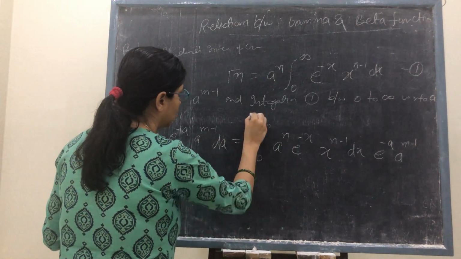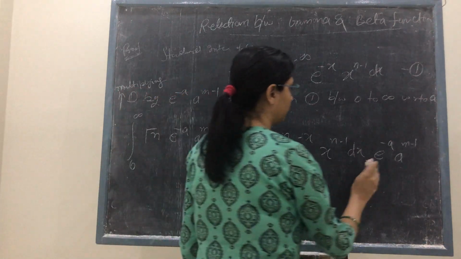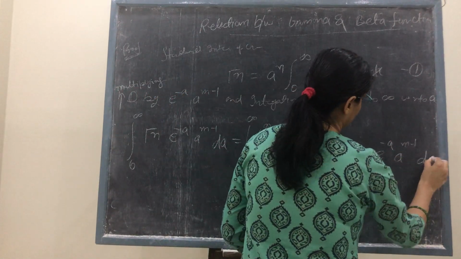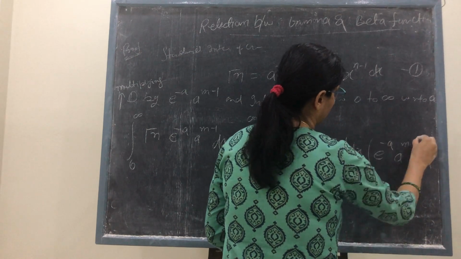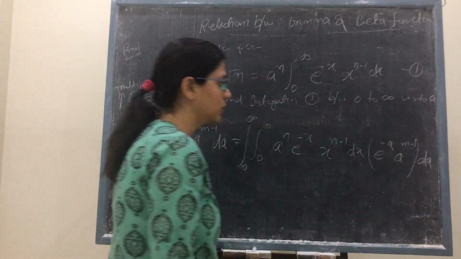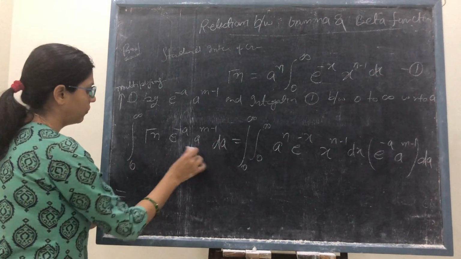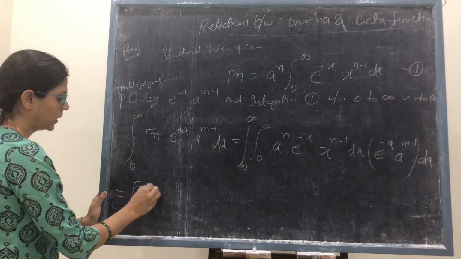This is the integral 0 to infinity, we can write it here and also here, d of a, multiplying this and integrating it with respect to dA. Now here n is independent of a, so x is outside of the integration.